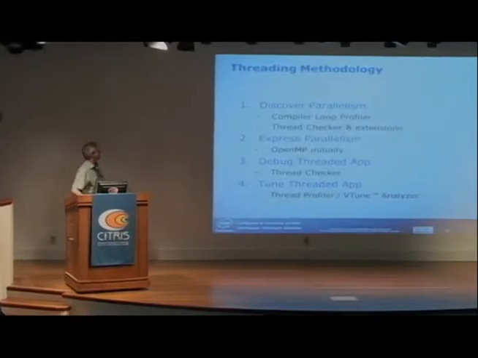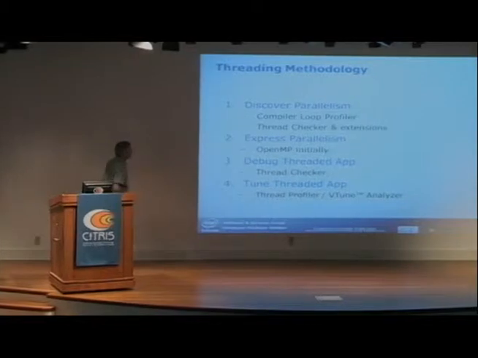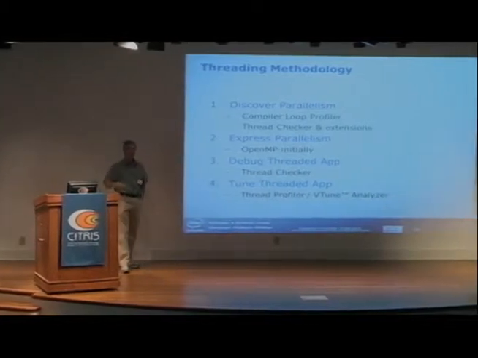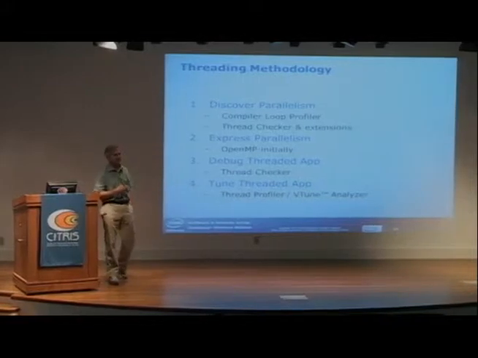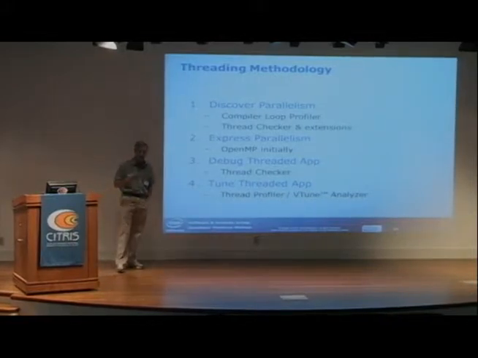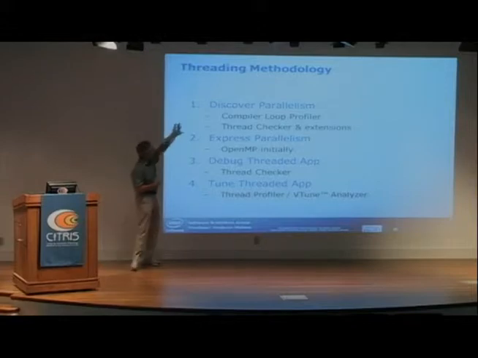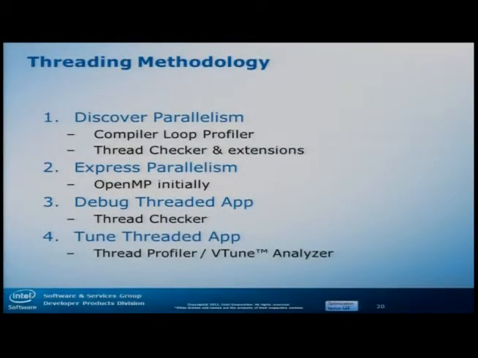Okay, so he felt that the process to be followed, and this is actually fairly similar to the Intel Advisor that I talked about on Monday, and this is not a coincidence. The Intel Advisor, the idea of that as a tool, to a certain degree, came from this project. So, discover parallelism. Try to find which portions of the program are the best candidates for parallelism.